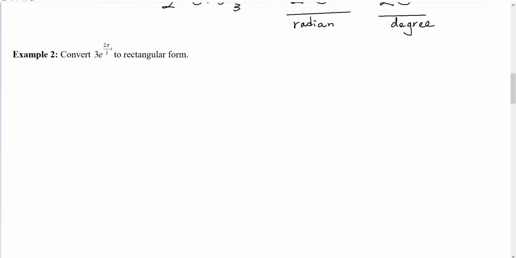Now, if I go the opposite direction, meaning I give you a trig form and you want to convert to rectangular form, which is more straightforward. And so this complex number is given to you in trig form.